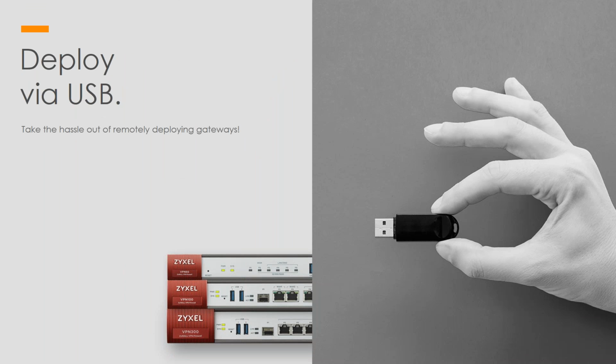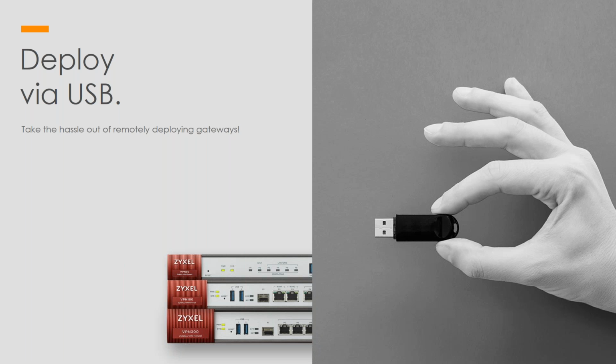Deploying of the gateways is done as easy as possible. Once again, there are 3 methods available of deploying the gateways. The first one, as shown on the slide, is a USB stick.